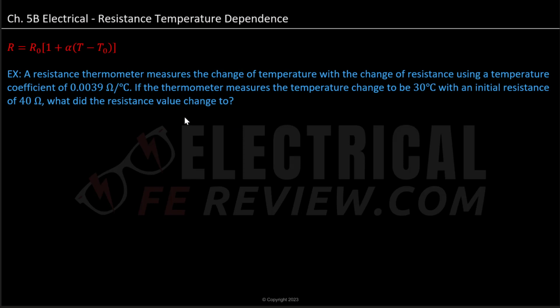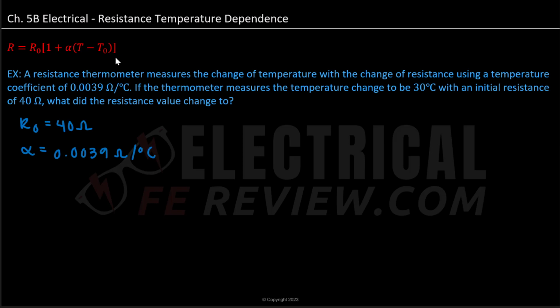So for our problem, we can identify that we are looking for the change of resistance, so R, and we can go ahead and identify our given values. We can note that our initial resistance, R naught, is equal to 40 ohms. We can note that our alpha, which is our temperature coefficient, is equal to 0.0039 ohms divided by Celsius.